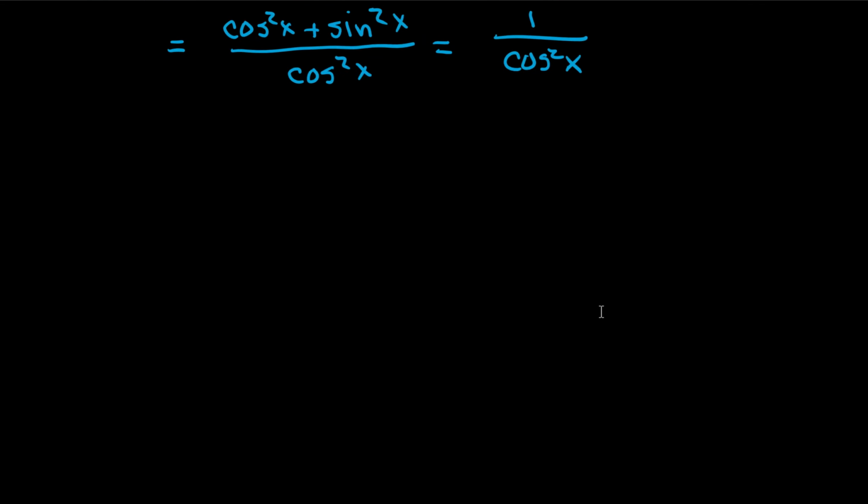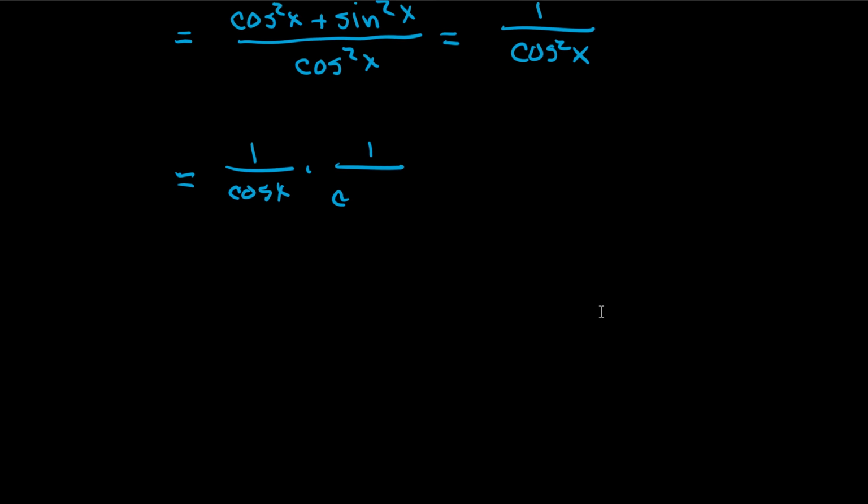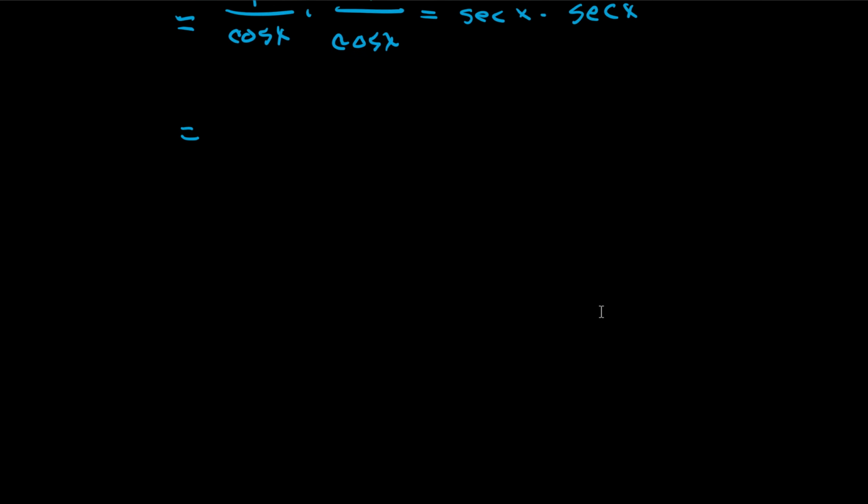Well, this can be written as, if you'll recall, 1 over cosine has a trig function assigned to it. And what we really have here is 1 over cosine times 1 over cosine. 1 over cosine is secant of x, times secant of x, which tells us then that the derivative of tangent is going to be secant squared of x.